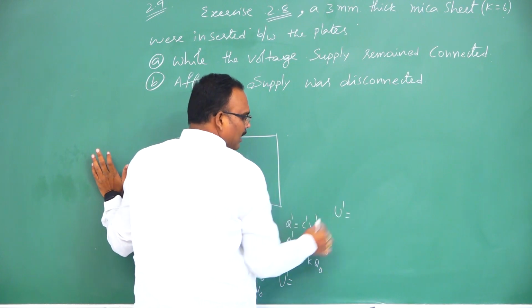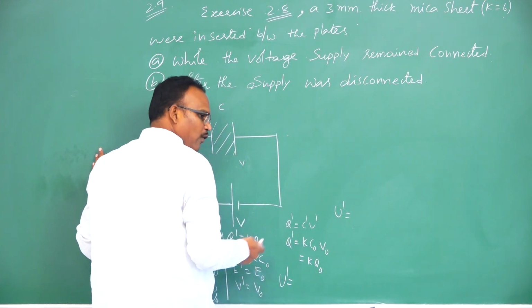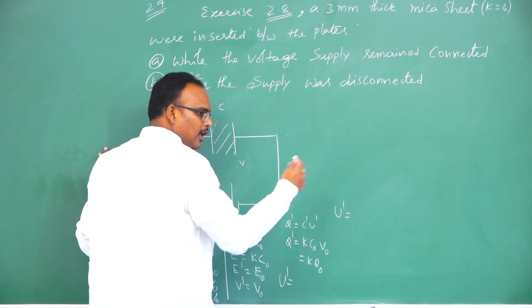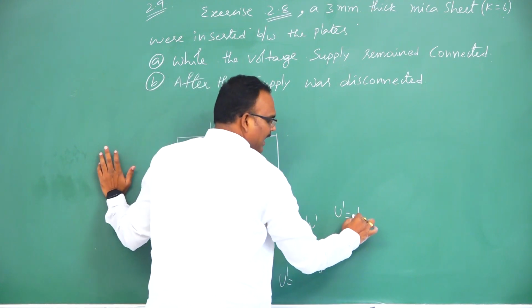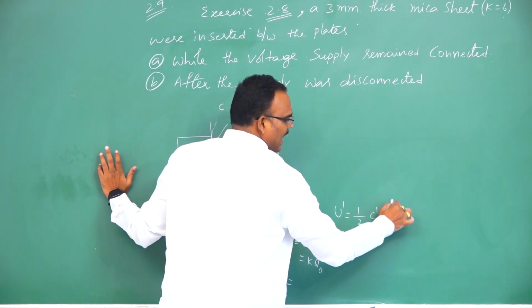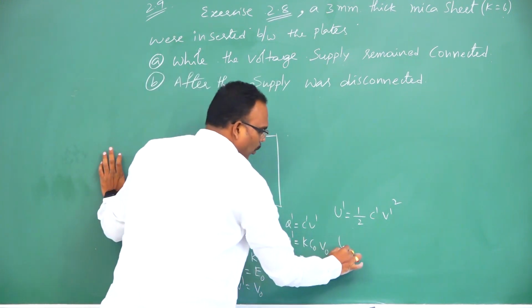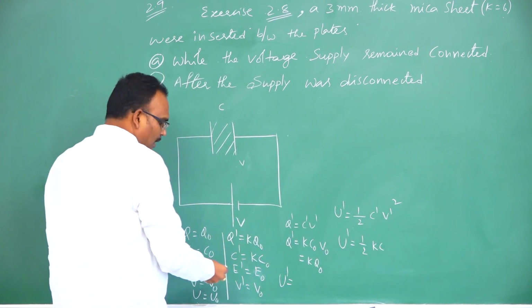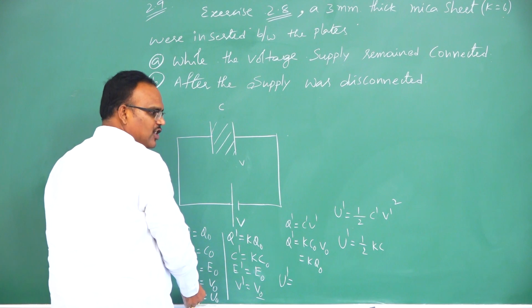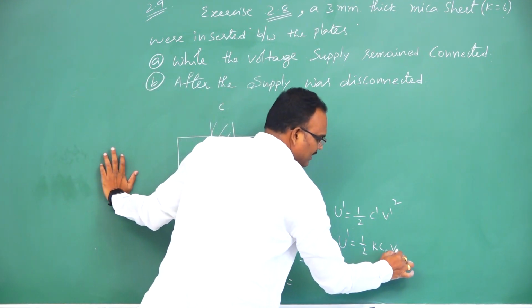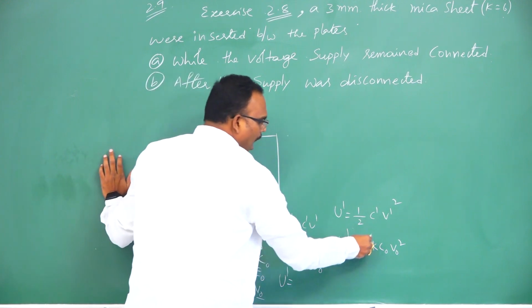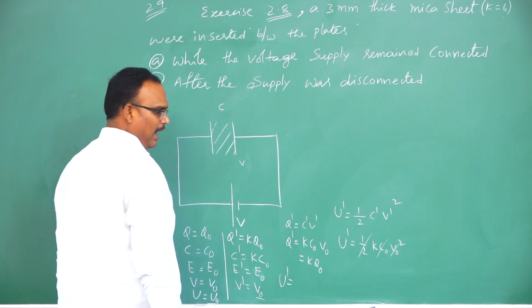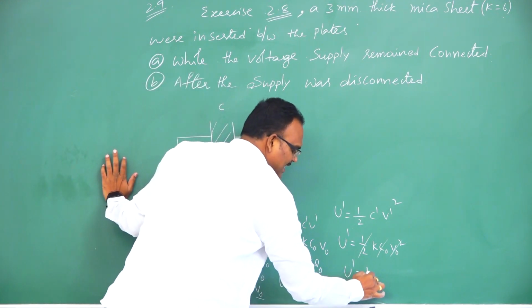The energy stored in a capacitor, I know the formulas Q square by 2C, or half CV square, or QV by 2. So I'll use the formula half CV square, half C dash V dash square. Now the final capacitance is Kc naught, but the final potential remains the same as the initial, V naught. So half C naught V naught square is U naught, and final energy is K times half C naught V naught square. So final energy increases by K times.